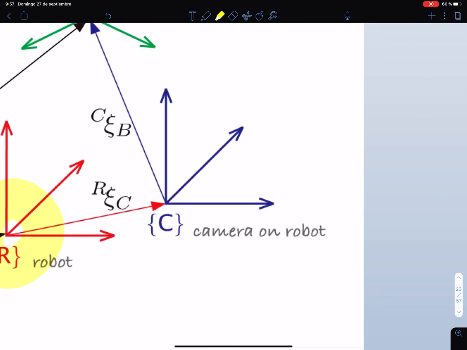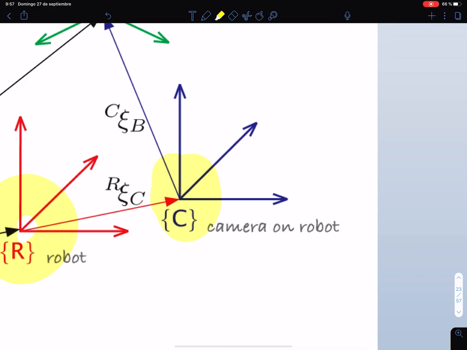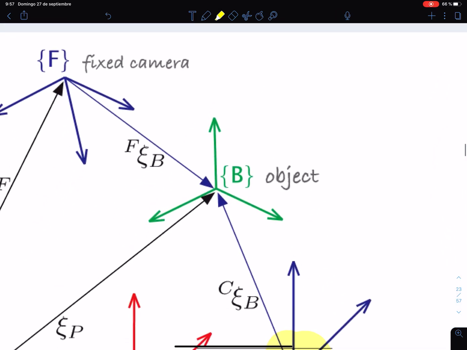Then there's a camera at the end of the robot which will move as the robot moves. Okay, the values of the joints will determine the position of the camera. The coordinate frame representing the camera of the robot is C. Then we will suppose that the robot is interacting in some way with a physical object.